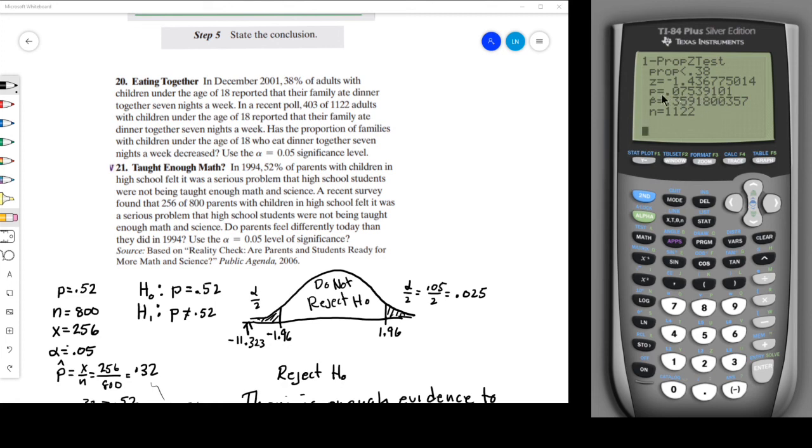So I'm looking here at my p-value. My p-value is 0.075 or 0.08. What was the alpha that I was comparing that to? 0.05. In this case, my p-value of 0.08 is higher than my alpha value of 0.05.